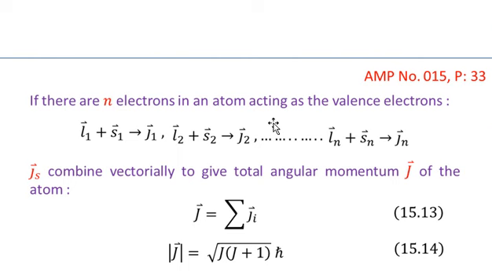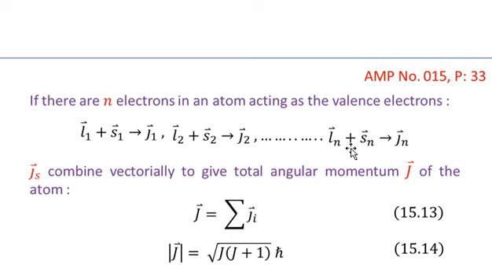If there are n electrons in an atom acting as valence electrons, then L1 plus S1, that is the orbital angular momentum and the spin angular momentum in vectorial form, will combine to give you J1, which is the total angular momentum due to electron 1. Similarly, L2 plus S2 will combine together to give you J2, the total angular momentum of electron 2, and so on and so forth.